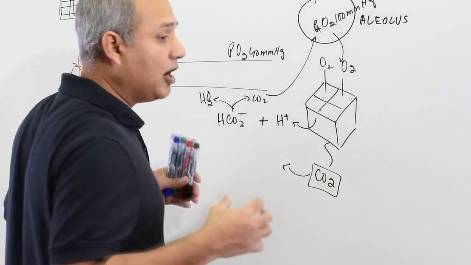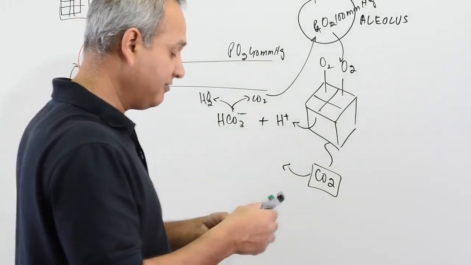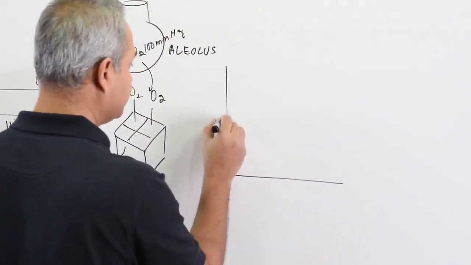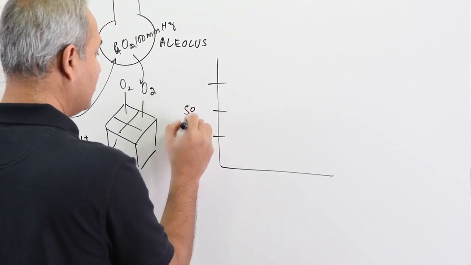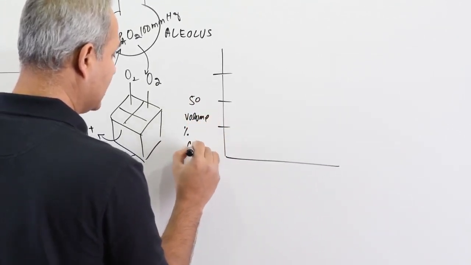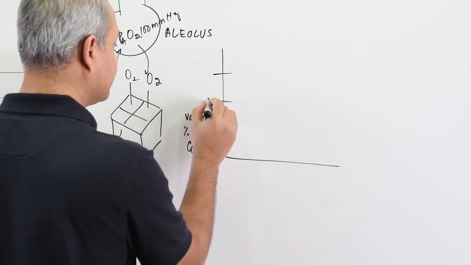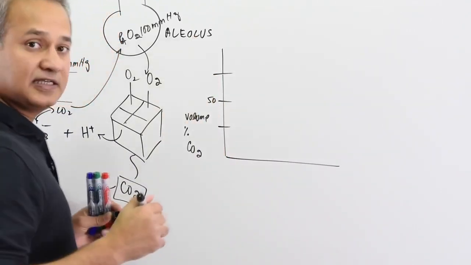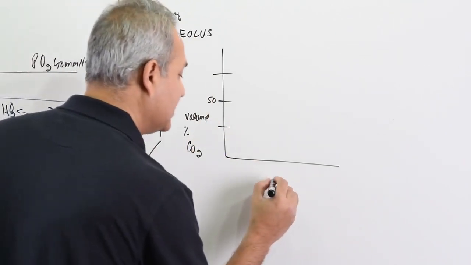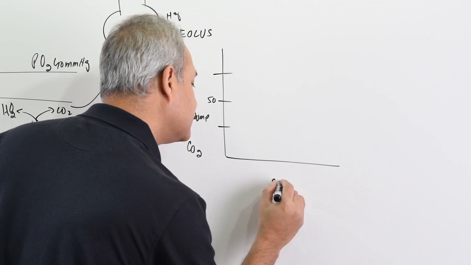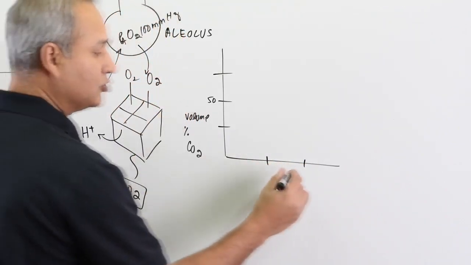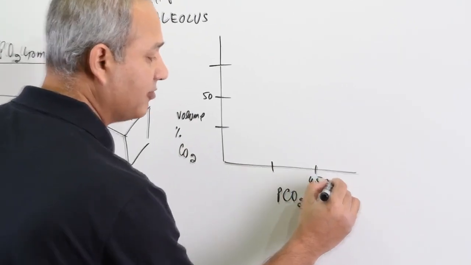Now, how much and how important is this effect? Let's look at that. Let's say that this is 50 volume percent of carbon dioxide. So this y-axis is representing the volume percent of carbon dioxide in the blood, and this is the PCO2. We know that in the tissue PCO2 is 45 millimeter of mercury.